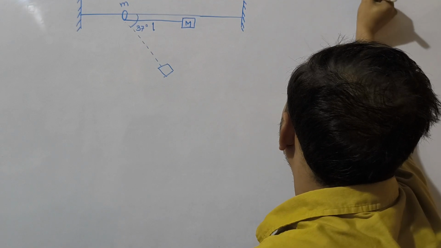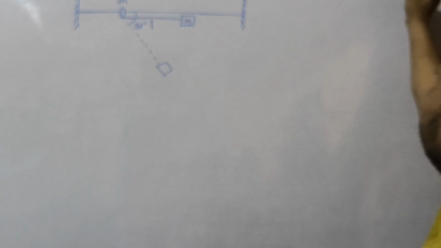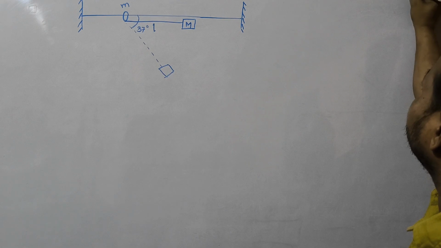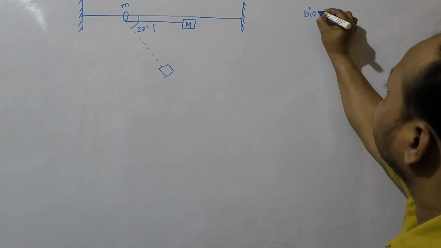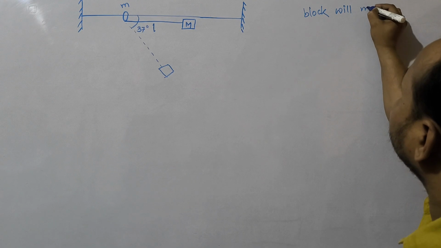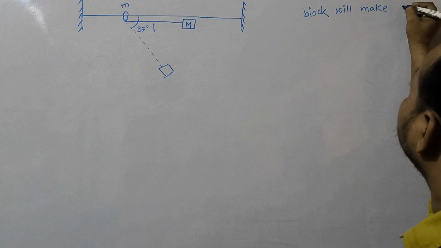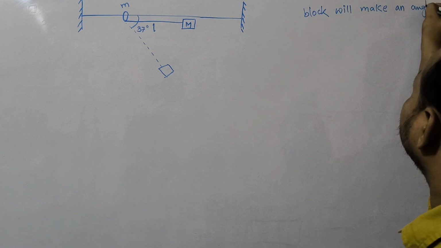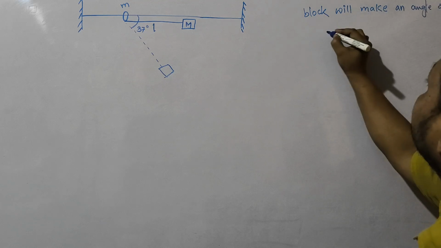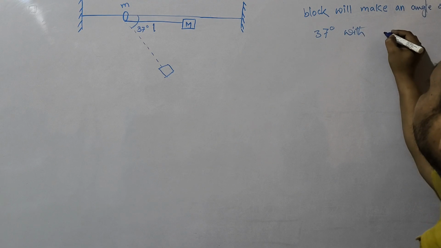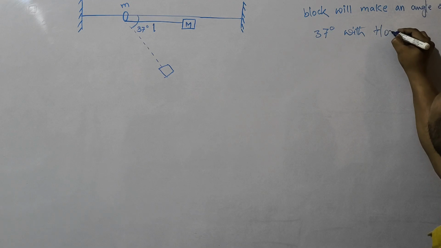Find the shift of the ring when the block will make an angle of 37 degree with the horizontal.